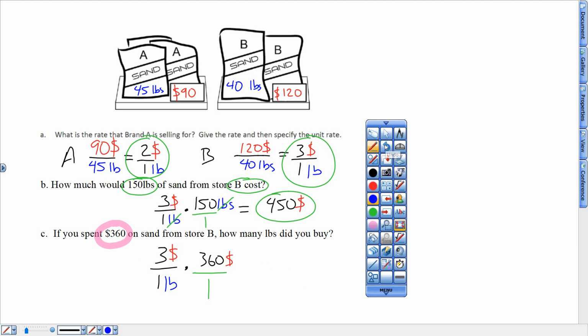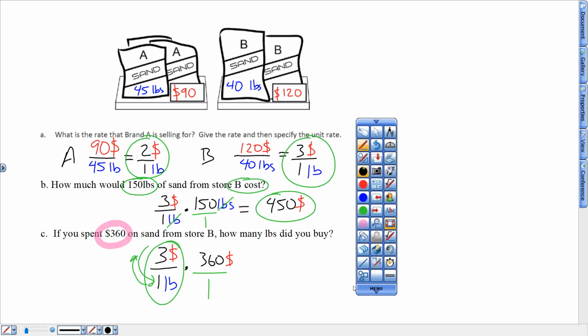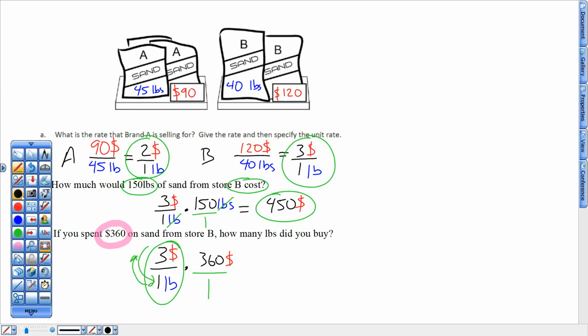So that means when you're doing a problem like this, you want to know that that unit rate can be interchanged. Since I know I'm timesing by $360, I could take this unit rate and flip-flop it so that $3 goes to the bottom and that 1 pound goes to the top. You're able to do that with these unit rates, because what that's telling you if you flip-flop it is for every 1 pound that you're buying, you're spending $3.